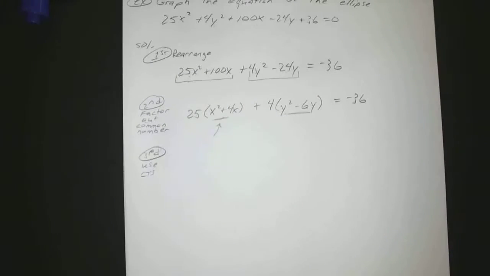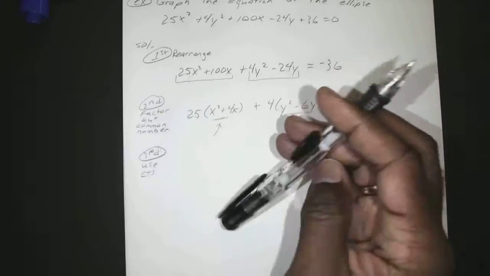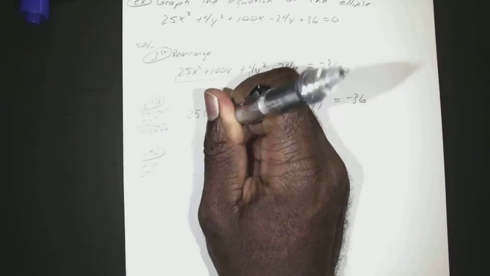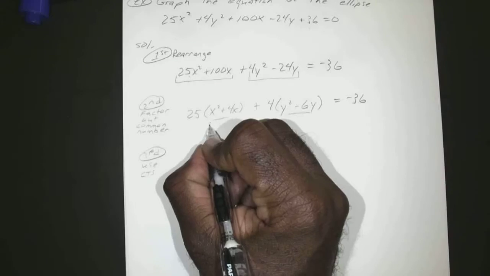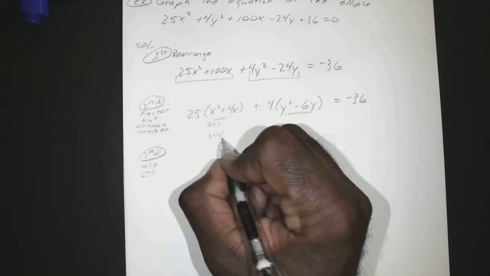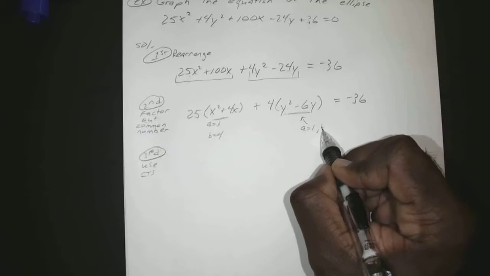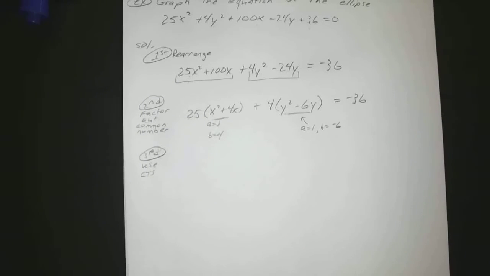Okay, so we know for this one, a is equal to 1 and b is equal to 4. So a equals 1 and b equals 4. And for this one, a is equal to 1 and b is equal to negative 6.